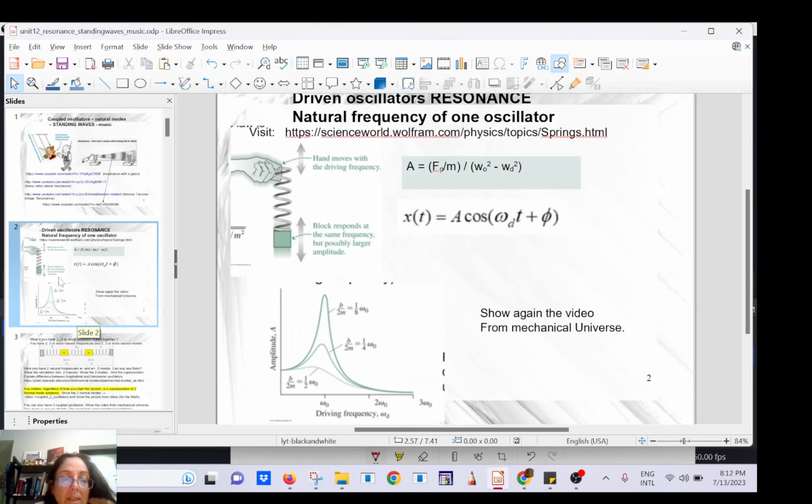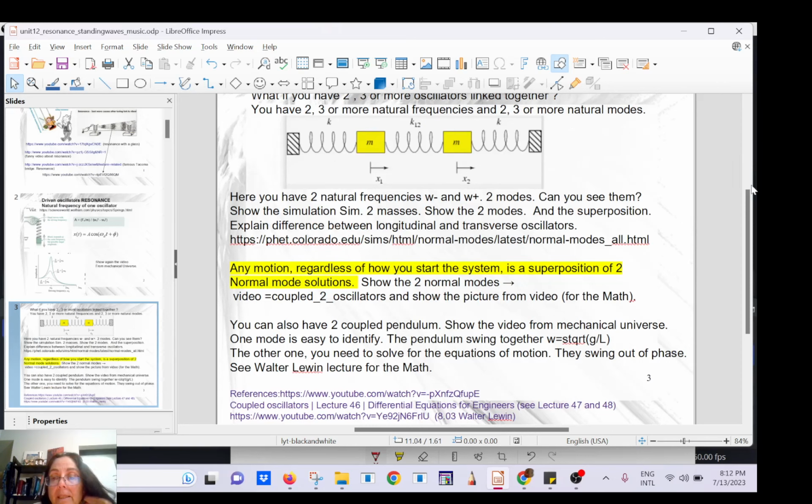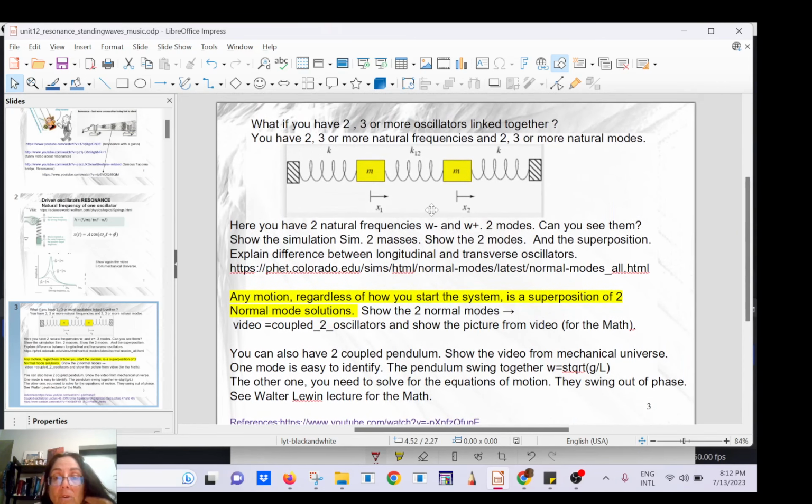So the question now is, let's say instead of having only one mass, you have two masses, or maybe three masses. You can have, for example, a model of a building with different floors, and each floor has a different mass, and that building can shake in different ways. Here we have two masses.